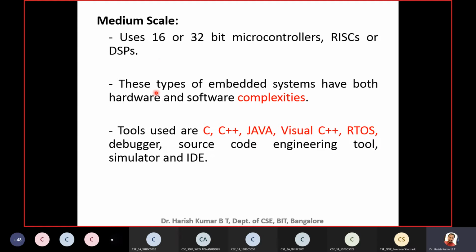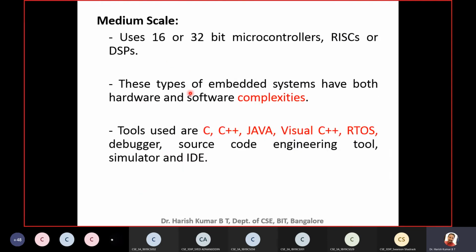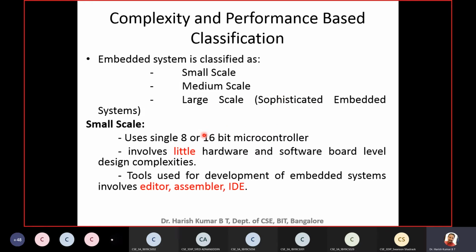In terms of hardware and software, they have an appropriate level of complexity, which is higher compared to small scale embedded systems. For the tools used to develop applications, earlier we used assembly level programs.